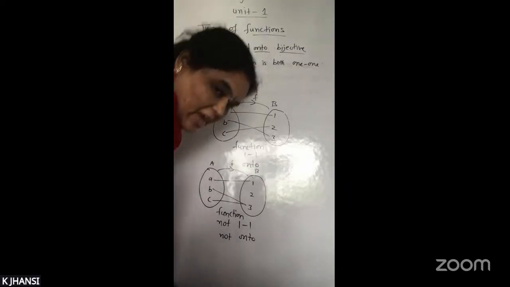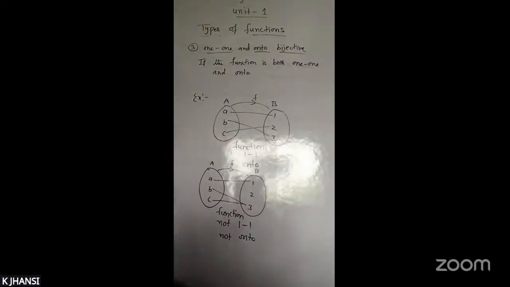So next we have many to one function. Many to one function means, whatever the elements are there in set A, if two elements have only one image, then we call it a many to one function.